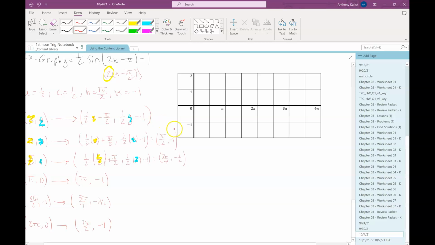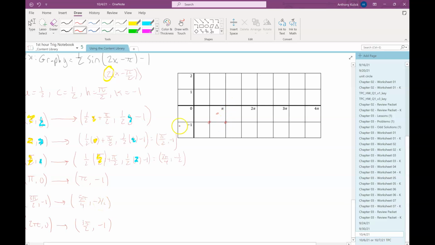So my first point is pi over 2 and -1. Then we have 3/4 pi and negative a half. So here's a half a pi and here's 1 pi. So like halfway in between should be 3/4. And we have pi, negative 1.